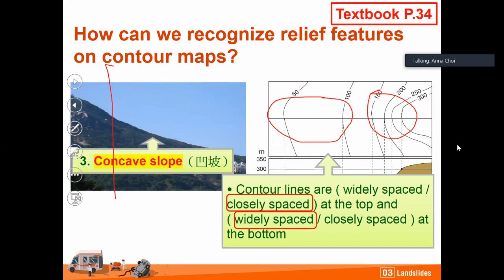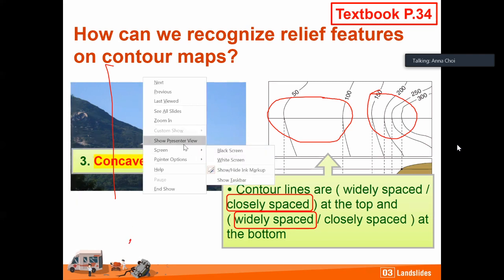So if I am just talking about a shorter distance, then the top is a steep slope and the bottom part is a gentle slope. But if we look at a larger area, then you can see at the top there will be the steep one, and the bottom part there will be the gentle one. If we are talking about a larger area, then this one is a concave slope.